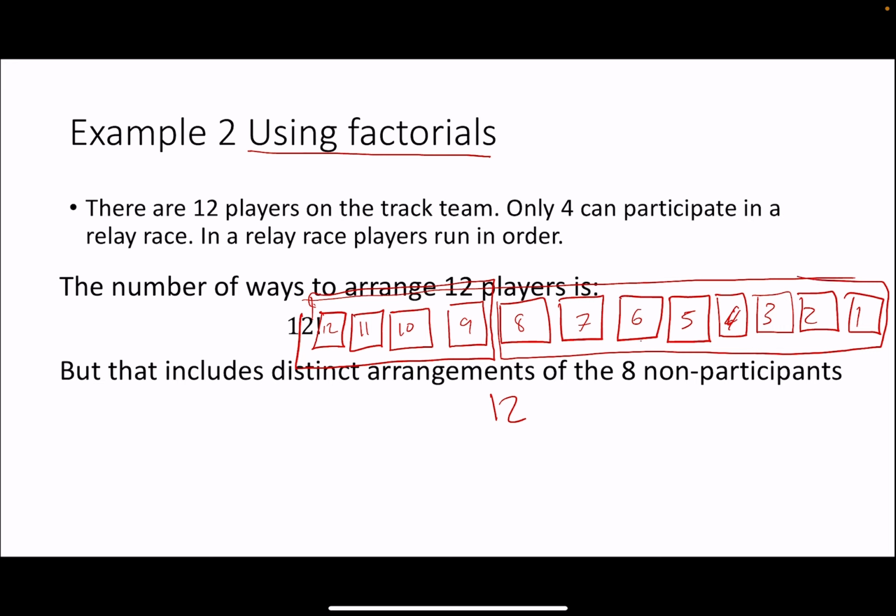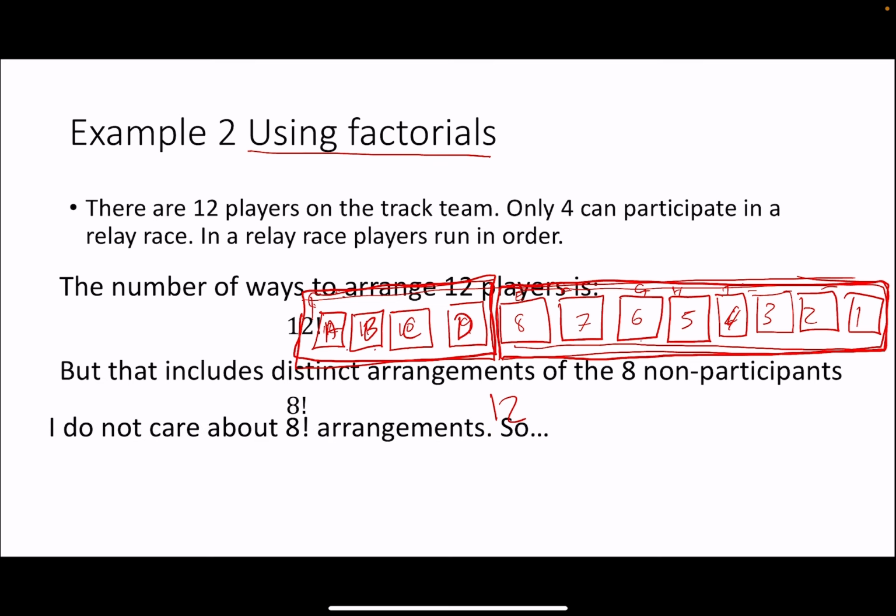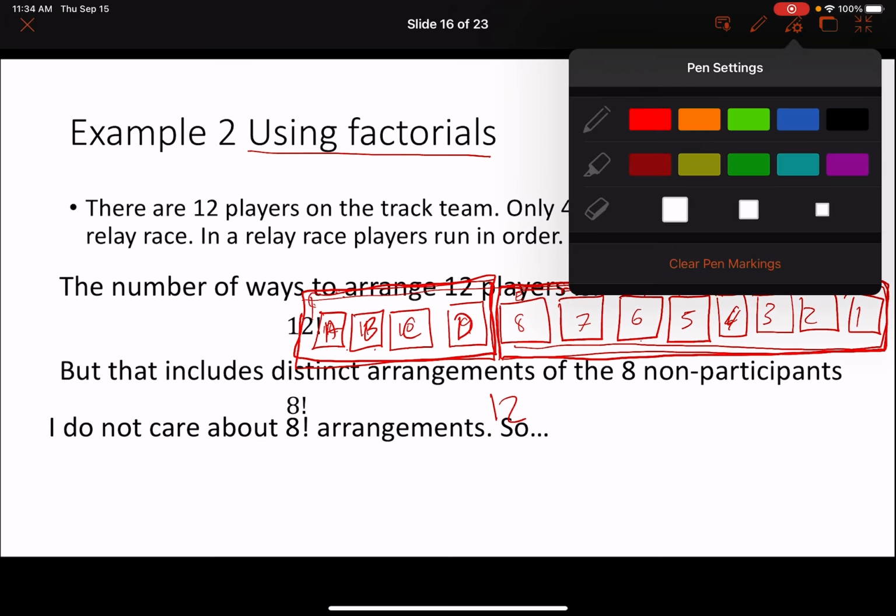So essentially, for every one of these, I have this many ways of arranging the non-participants, right? For every single one. So let's call these players A, B, C, D. Then I have E, F, G, H, I, etc. So these guys can be arranged in 8 factorial ways, for every single way I can pick A, B, C, D. So there's 8 factorial ways, but you don't care about the 8 factorial arrangements of the non-participants.